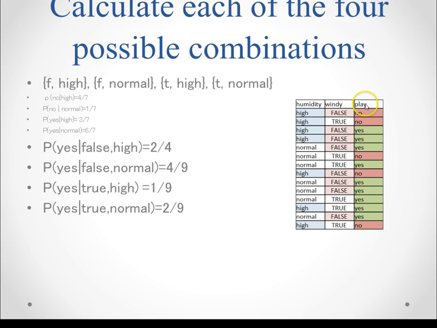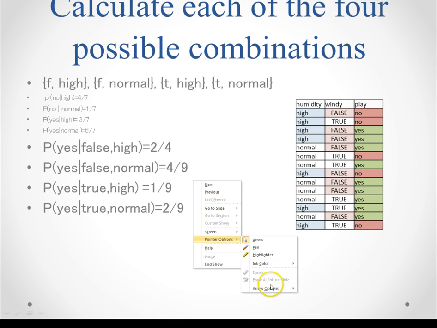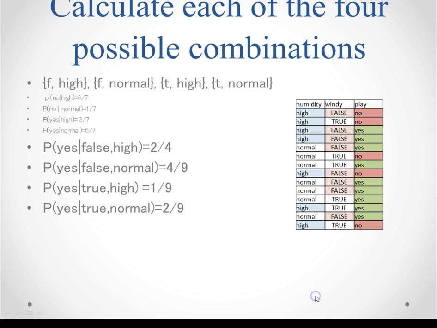What did we say? False and normal, so it's red and white, right? There are 4 cases, and how many of them are yes? 4. Oh, all of them?